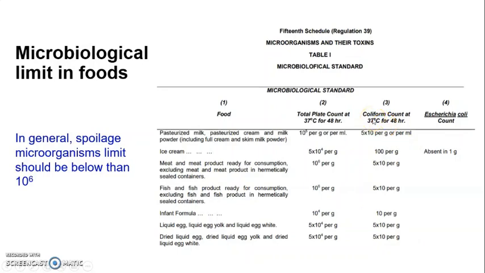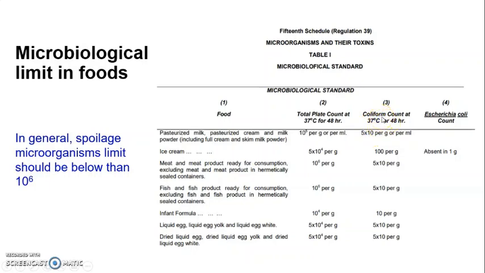Coliform is basically an indicator microorganism which tells us whether the food may have experienced some contamination. For example, if we talk about fecal coliform, it means the food can be contaminated by feces, maybe by contaminated water that contains feces. So that's basically the coliform count.